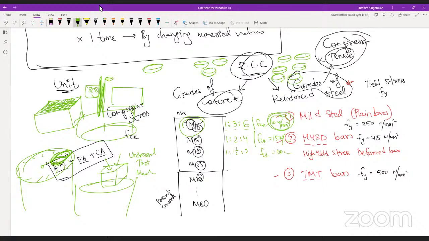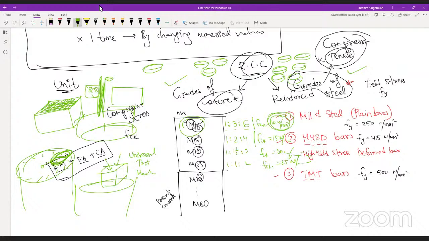And over here for M25, it is 1 is to 1 is to 2, and fck will be 25 Newton per mm square. These values are important for you people to remember: values of grade of concrete, values of grade of steel. Sometimes in the question they will give you, sometimes they will not.